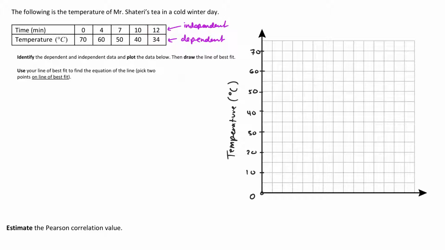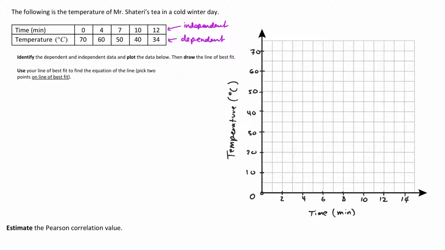So we can just go by ones, and I will just go 2, 4, 6, 8, 10, 12, and 14, and that covers the whole spectrum. So this I will label as time, and our unit for time here is minutes.